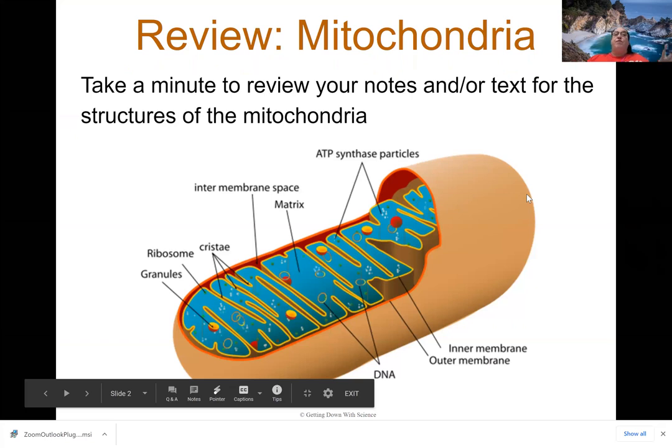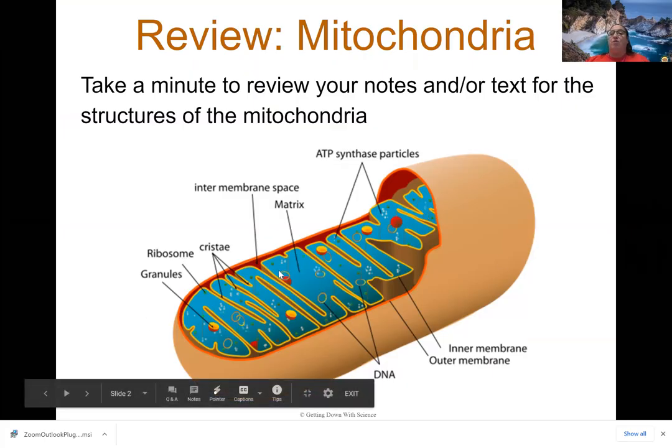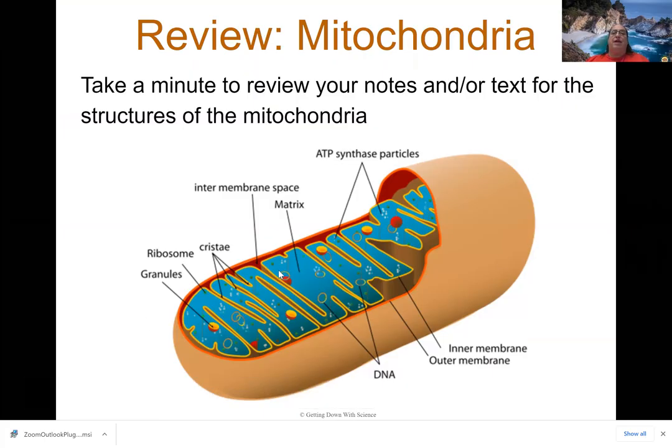So quick review, mitochondria. Remember, mitochondria is all about making energy. It's the powerhouse of the cell because this is where we create a large amount of energy.